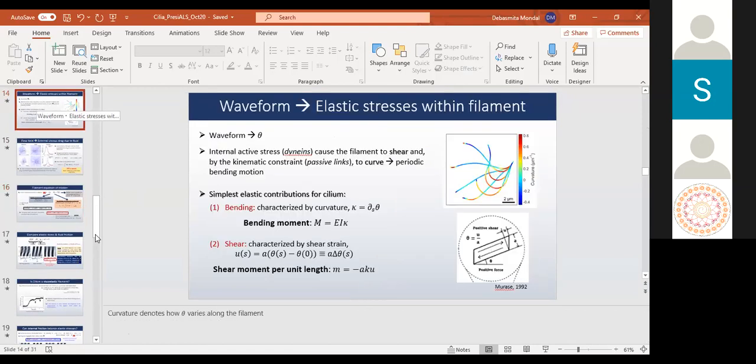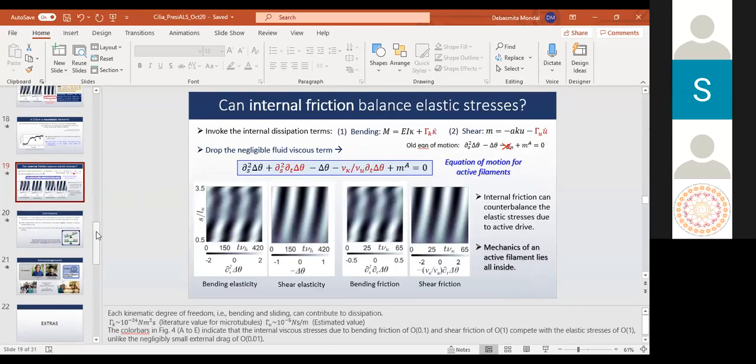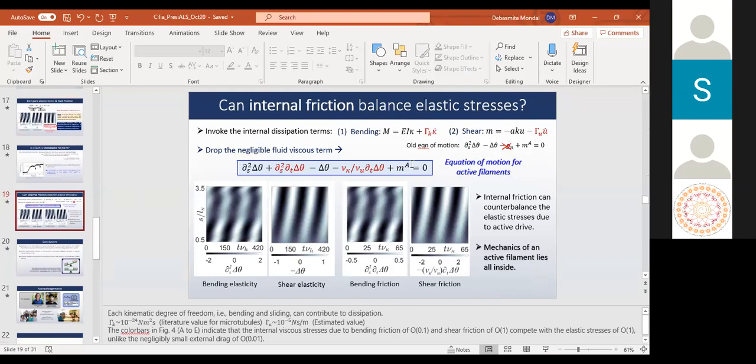Okay, this one. So you calculate this bending. Yes. You want me to talk about how I get these terms physically?